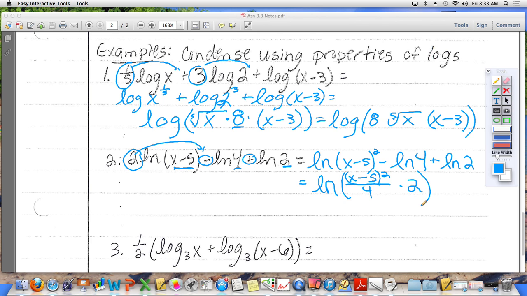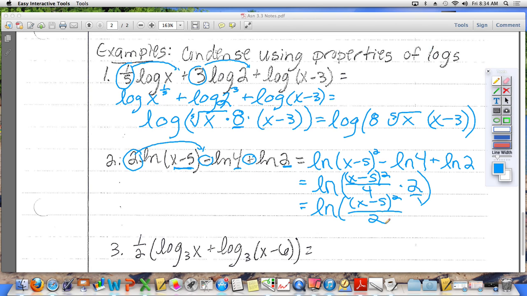So if you can just ignore the fact for a minute that we are talking about the natural logarithm of this, simplify this. This 2 right here times 2 really means 2 over 1. So I have a 2 on the top of this fraction, and I have a 4 on the bottom of that fraction. 2 over 4 will reduce to 1 over 2. So I could rewrite this then as the ln of x minus 5 squared over 2.